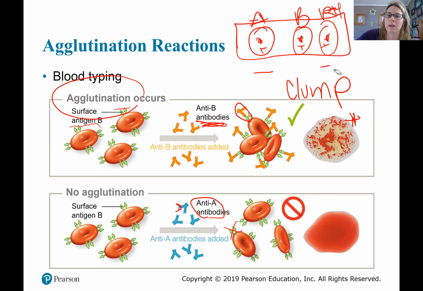What if you clumped only the positive? It would be O positive. Didn't have a reaction, didn't have a reaction, but you did here. If none of them clumped, it'd be O negative. If this one clumped and this one clumped, you'd be A positive.